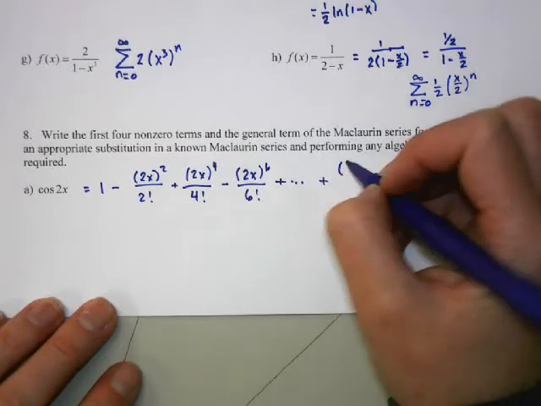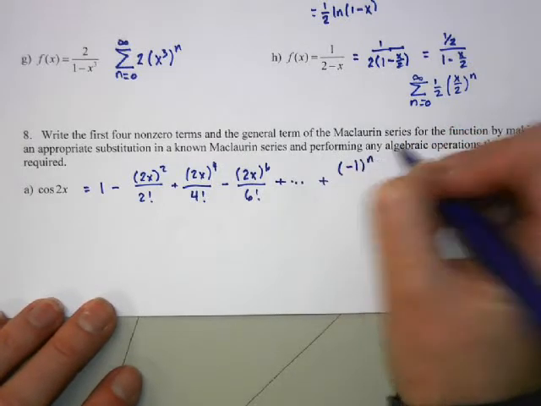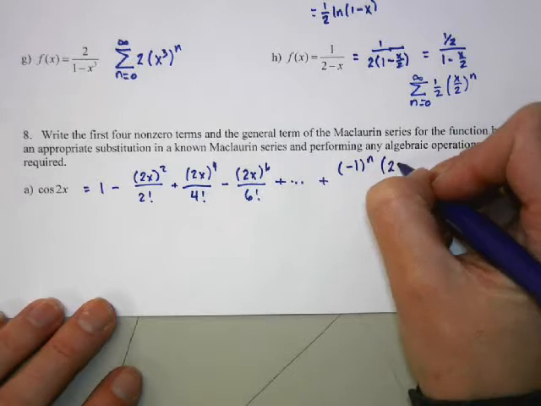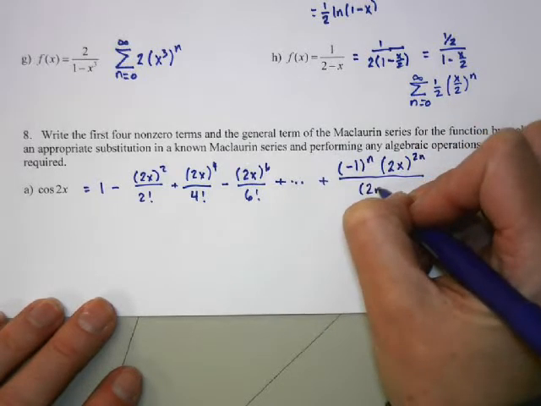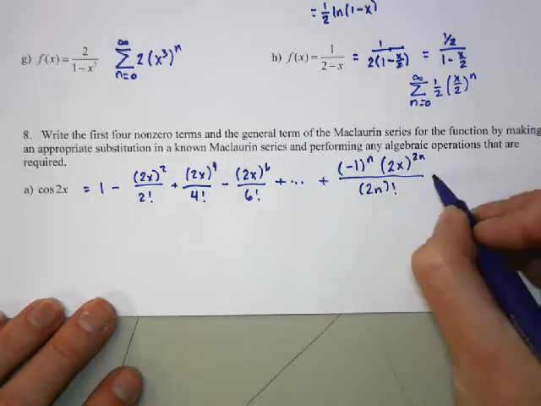The general term is negative 1 to the n, 2x to the 2n, all over 2n factorial.